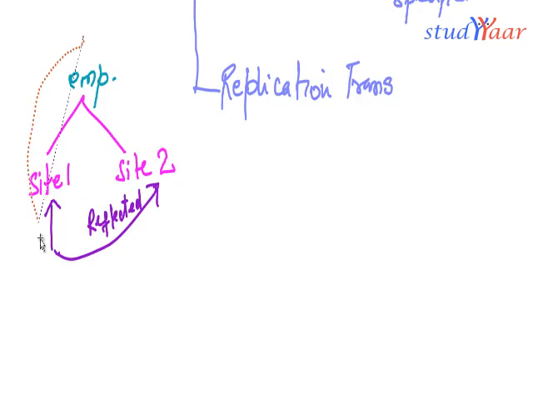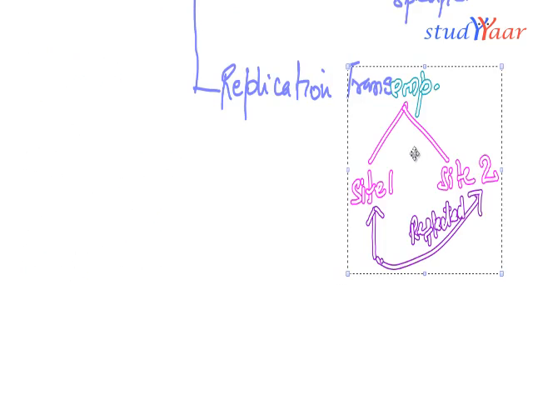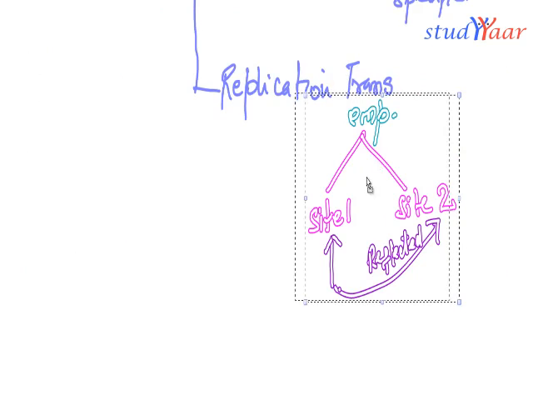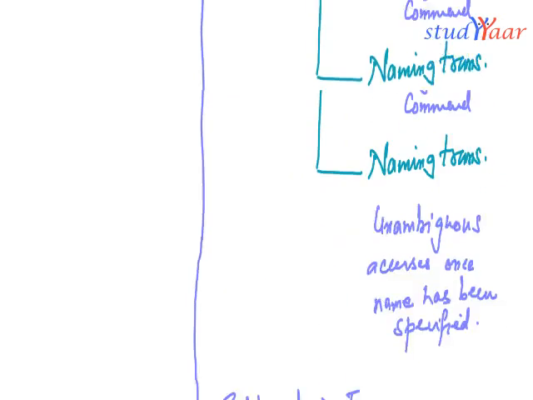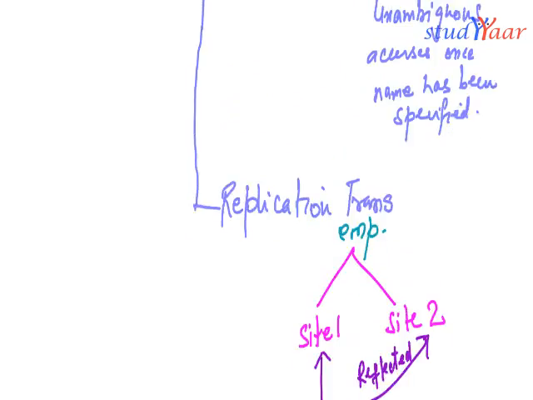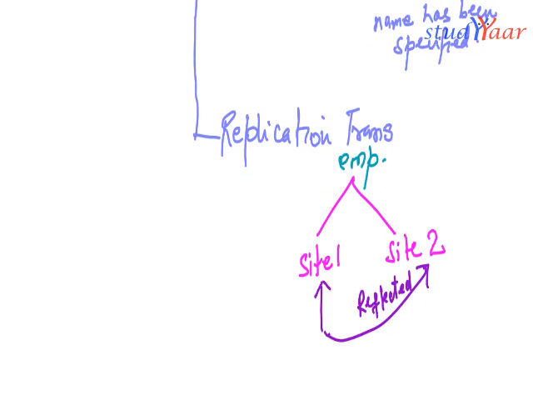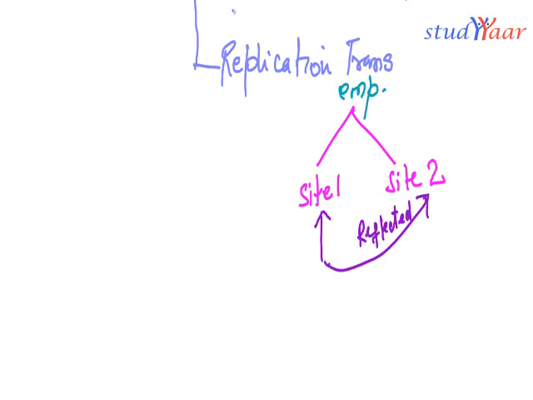So I'll just copy this and move it over here so that when you refer back, you understand what replication transparency is. Just understand the difference between replication and duplication. In replication, all the copies have to agree with each other. In duplication, it might not be true.